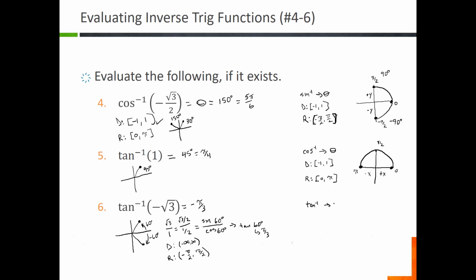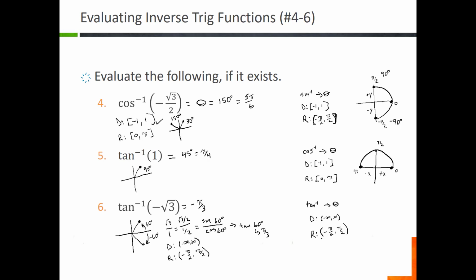Again, when you compute inverse tangent, you are computing an angle. We know the domain is negative infinity to positive infinity, so I can always compute inverse tangent. You're going to have to use a calculator, though, if it's not our nice numbers. The range, just like sine, is negative pi over 2 to positive pi over 2.